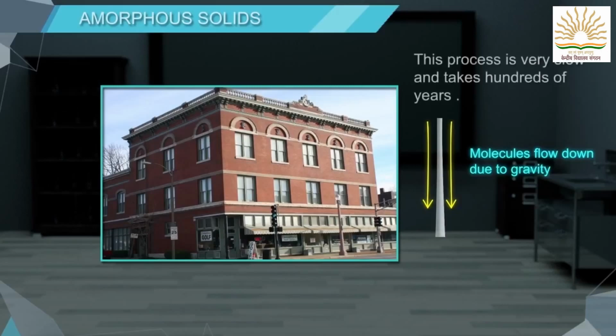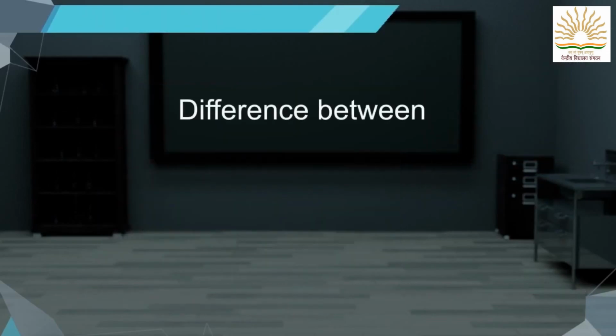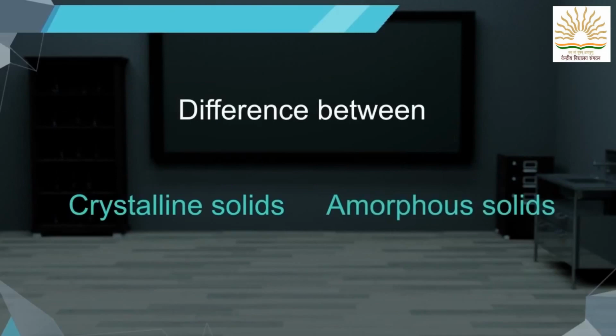Please note that this process is very slow and takes hundreds of years. Due to this ability of the amorphous solids to flow like liquids, amorphous solids are also called supercooled liquids or pseudo-solids. Let us look at the differences between the crystalline and amorphous solids.